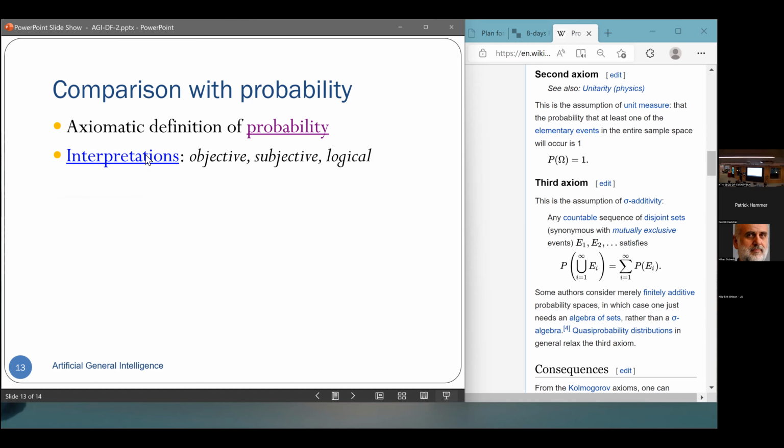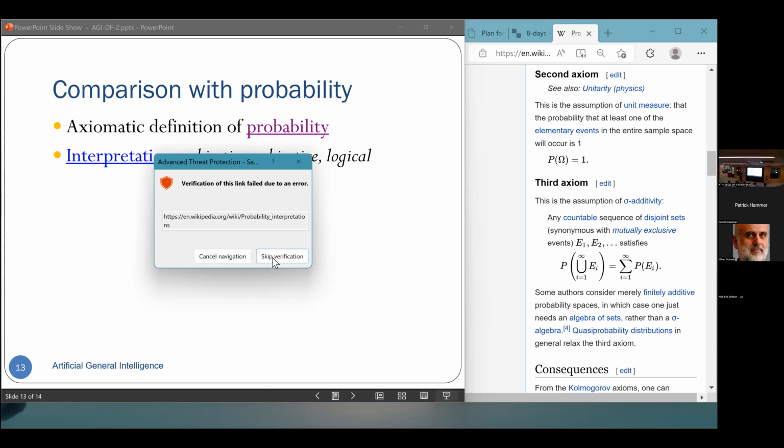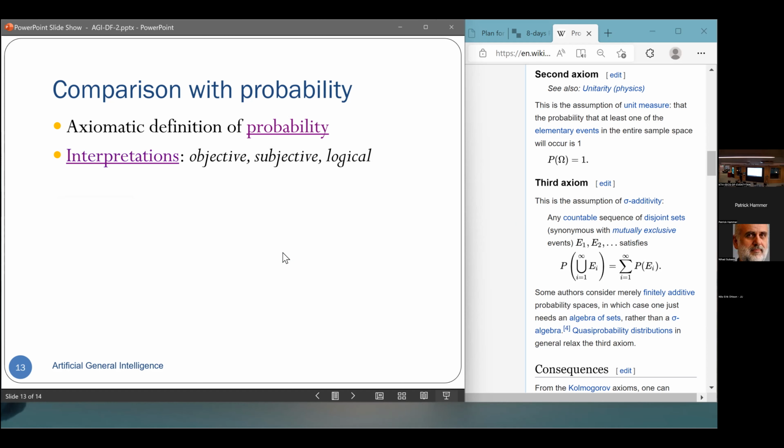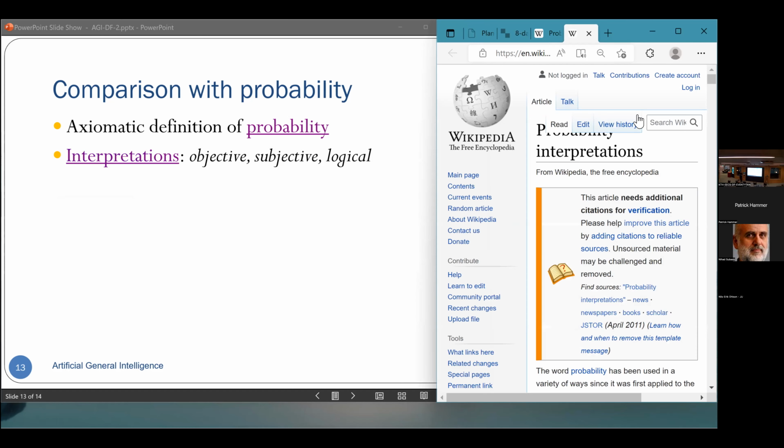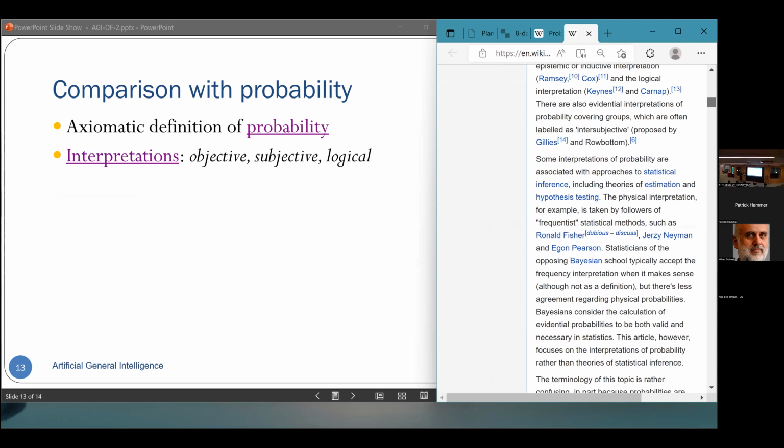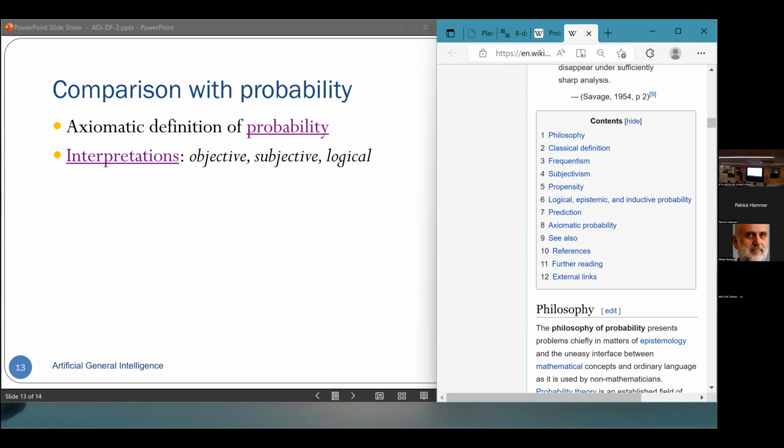And there is a huge literature, in case you haven't heard about it, you will be surprised. About this topic, there is a large number of different interpretations. And here I only mention three, I think the most common or most relevant to this discussion.